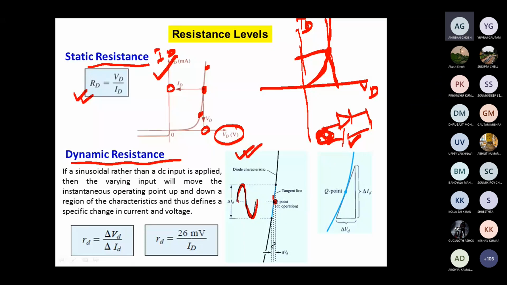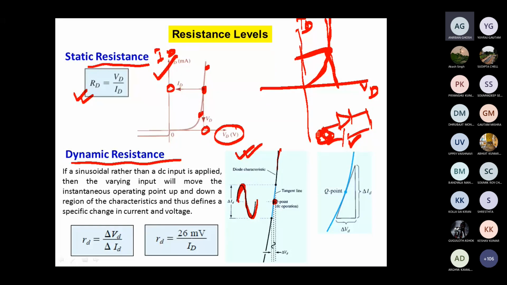So suppose this is my operating point P. In the same picture, this is the IV characteristics, and this is my operating point, that means the DC point where you have applied the DC voltage and the corresponding DC current. That is called the operating point. Now, across this point, you have applied the AC signal.